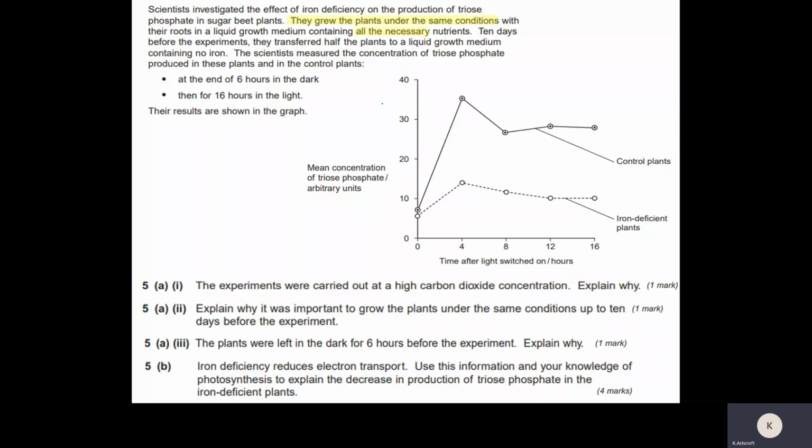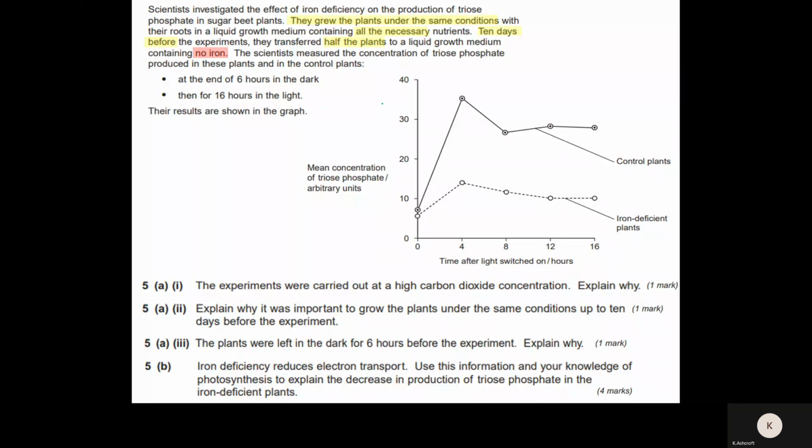The roots were put in growth media with nitrates, phosphates, magnesium, iron, everything the plant needs to be able to grow. 10 days before the start of the experiment, they transferred half of these plants to a liquid growth medium that was exactly the same, apart from it had no iron. The other half of the plants were left in the same liquid culture media.